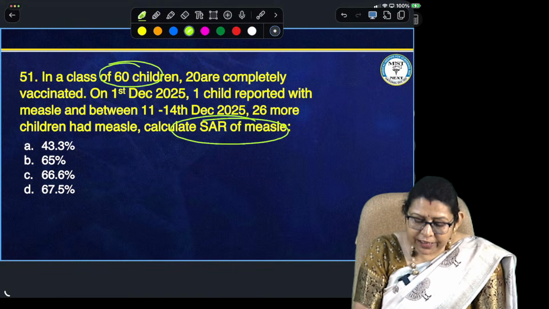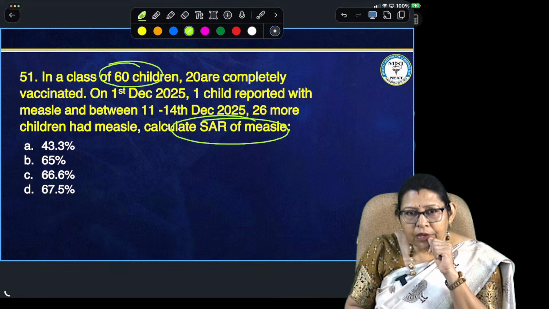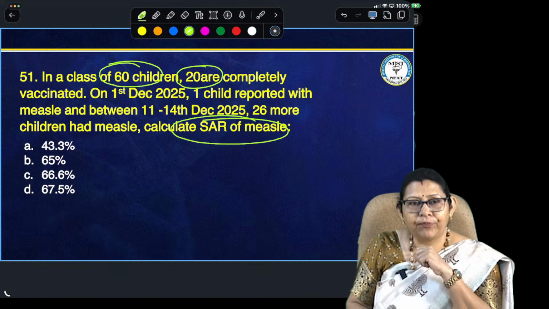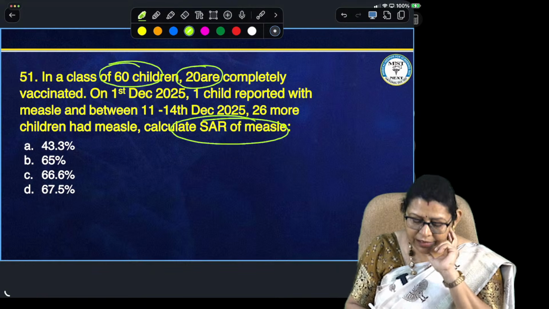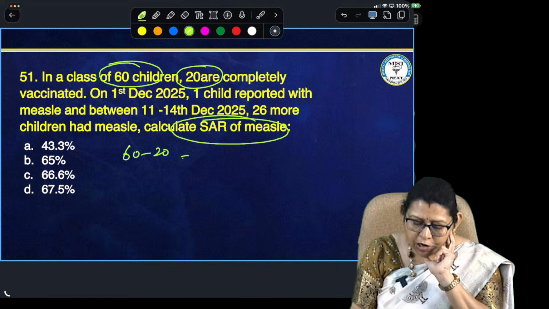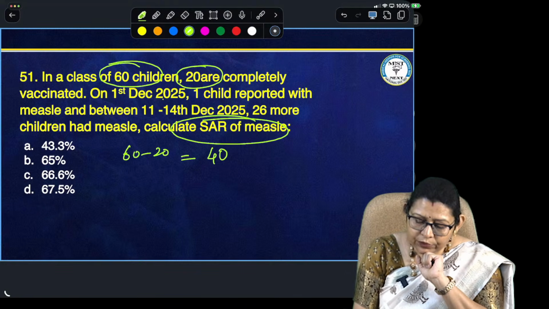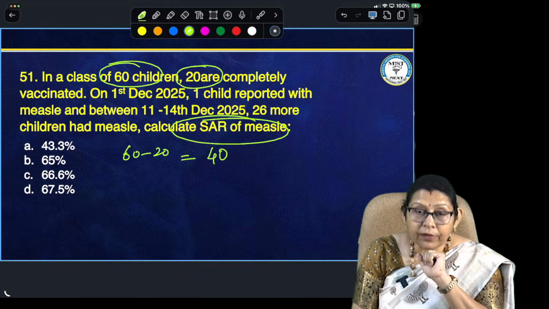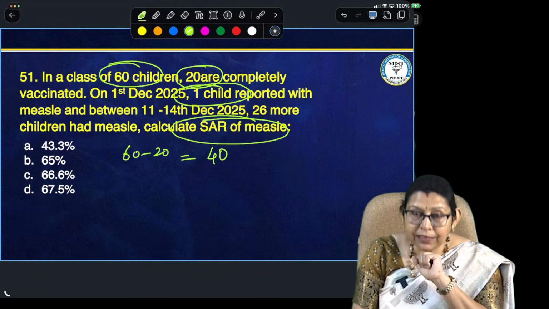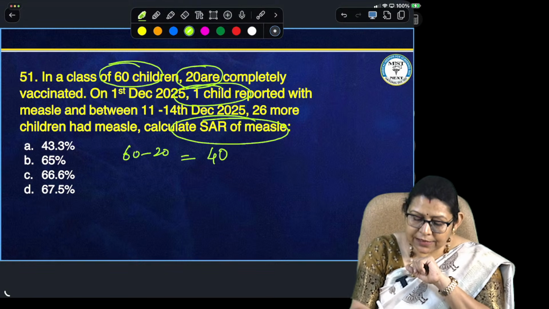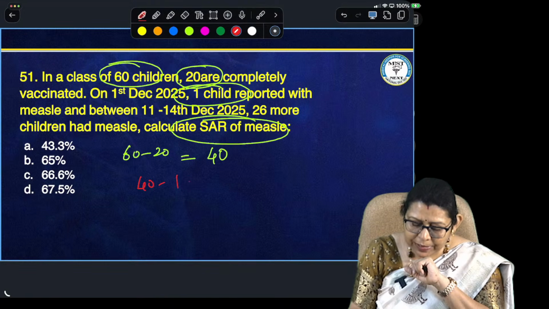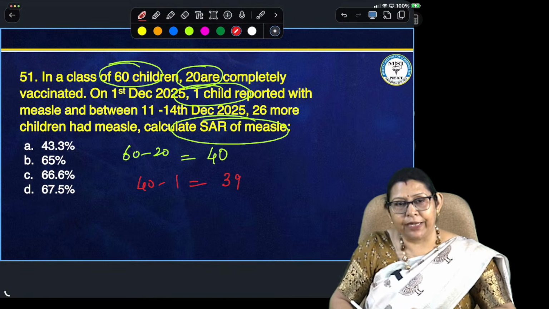Total कितने बच्चे हैं? 60 children. 20 are vaccinated. आपको vaccinated exclude करने हैं. So 60 minus 20, how many left is 40. First case on the 1st December. So this is a primary case. You have to exclude the primary case. So 40 minus primary case is 39.